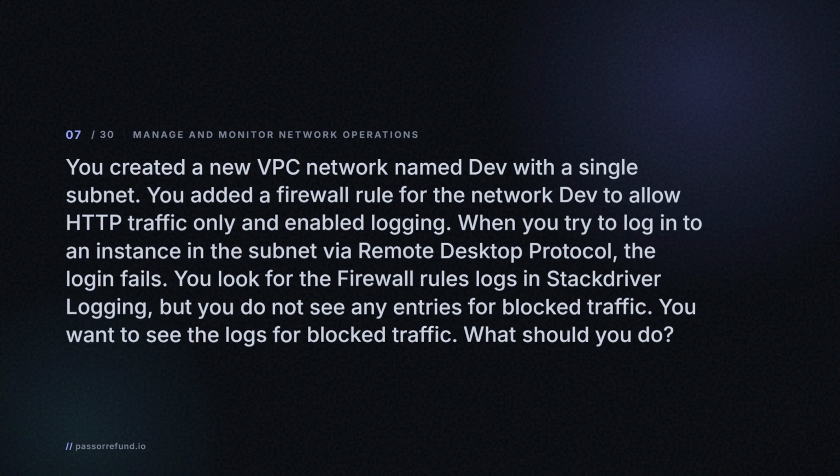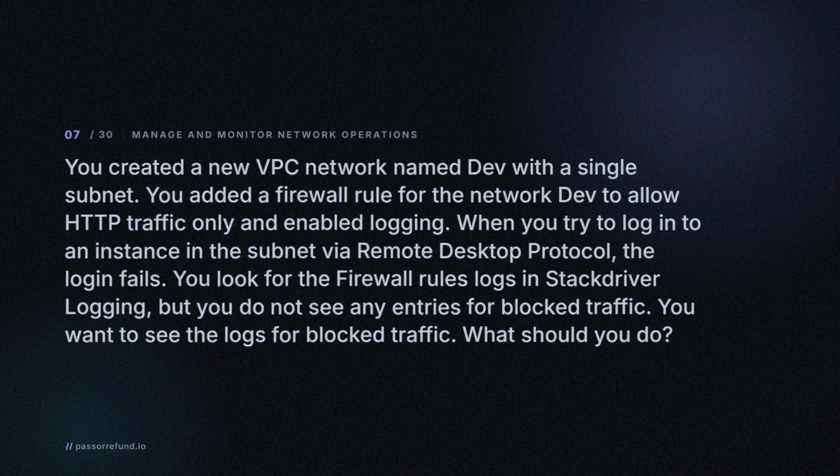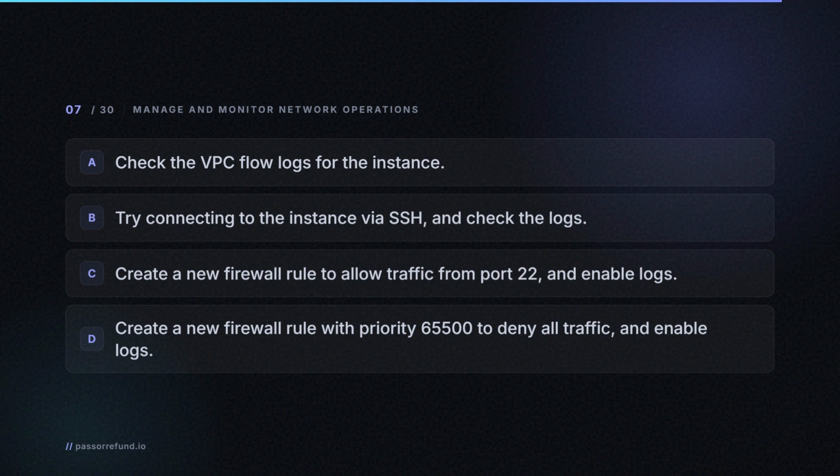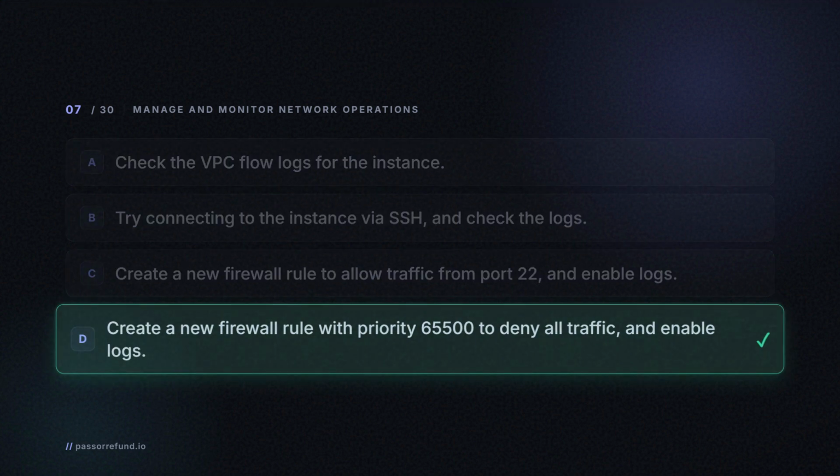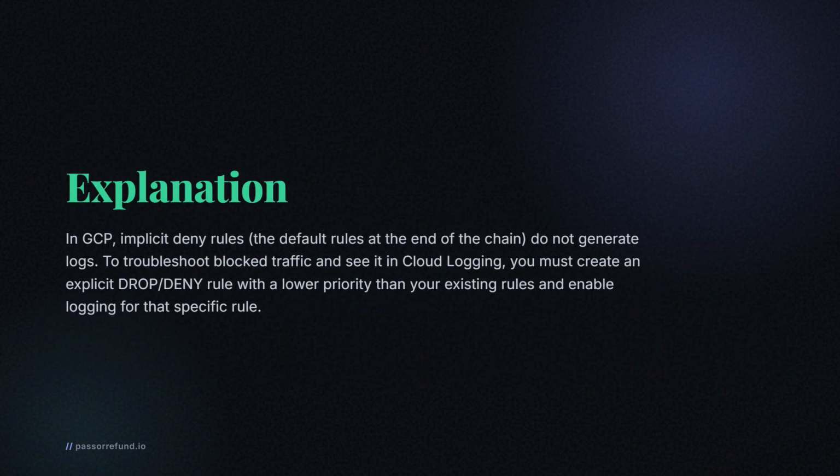You really want to see those logs for blocked traffic. What should you do? The right pick is D. In GCP, implicit deny rules, the default rules at the end of the chain, don't generate logs.